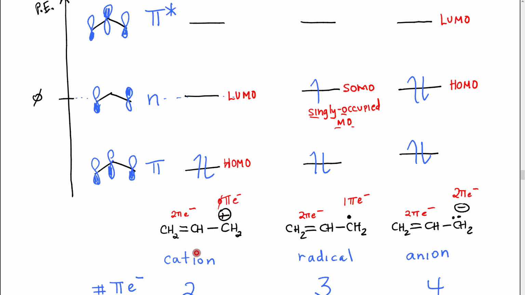So when we look, for example, at the allylic cation, we can see here's our double bond that's part of our pi system, and it has 2 electrons in it. But then we have the carbocation, and it has 0 electrons. So we have a total of just 2 pi electrons in our delocalized, resonance-structure-described pi system.